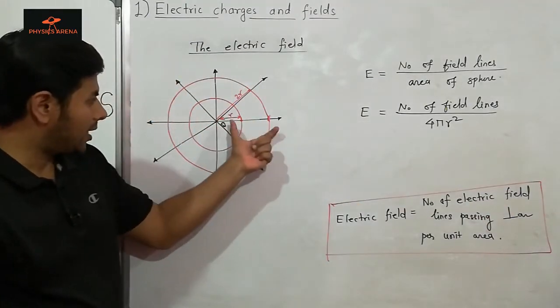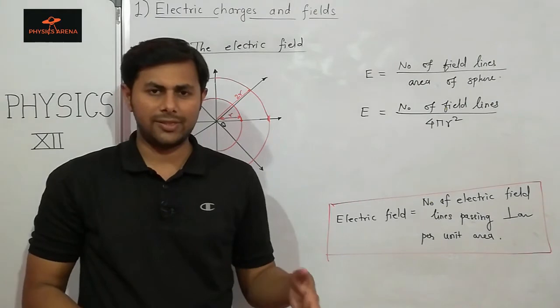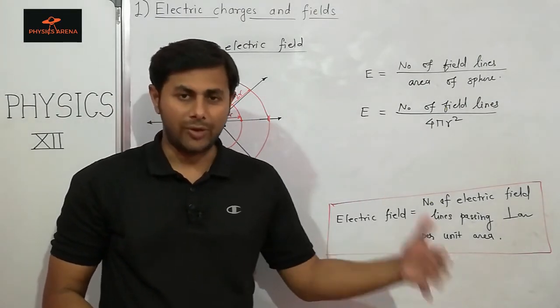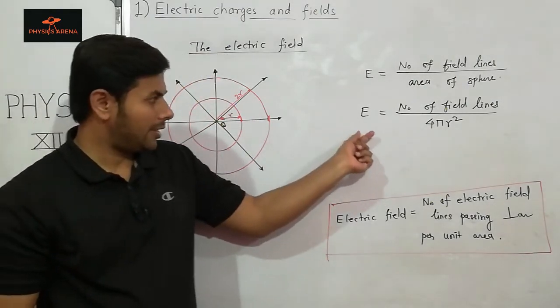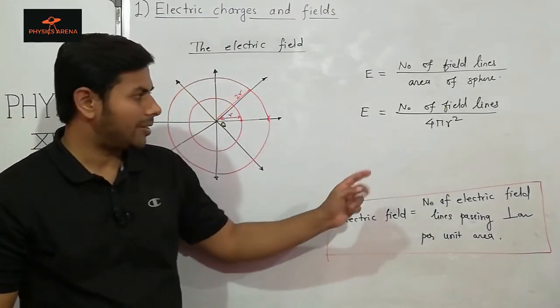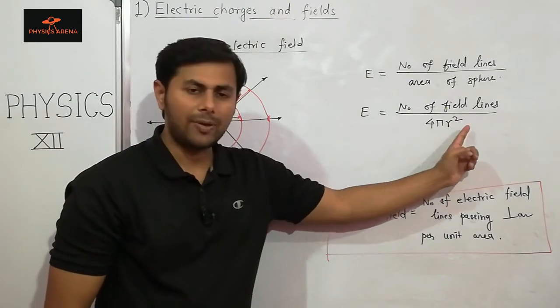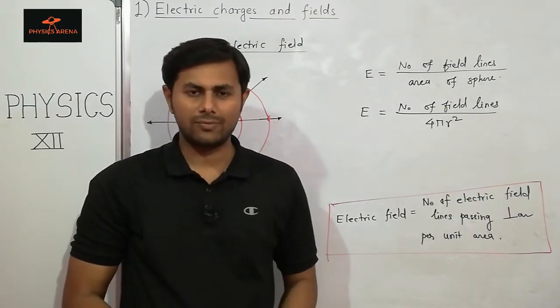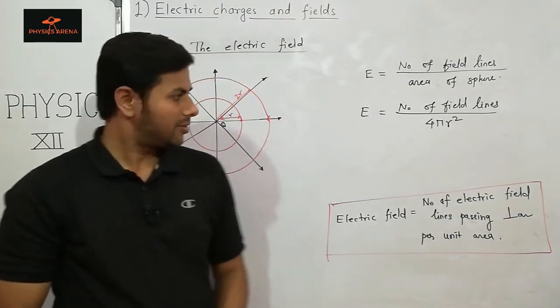For distance 2r, the distance is increased to twice. So the electric field now will be the number of field lines divided by 4 pi, and instead of r we will have 2r square, that is 4r square.